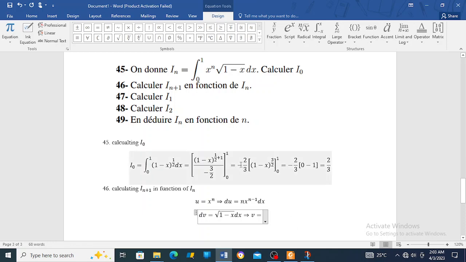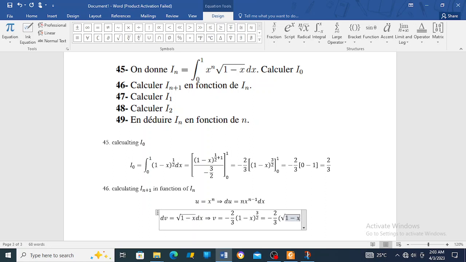I'm going to get this guy here but without limits. So negative 2 on 3 times 1 minus x raised to the power 3 divided by 2. But this is the same as negative 2 on 3 times the square root of 1 minus x, all that raised to the power 3. And raising this to the power 3 is the same as raising it to the power 2 and then multiplying it with itself.